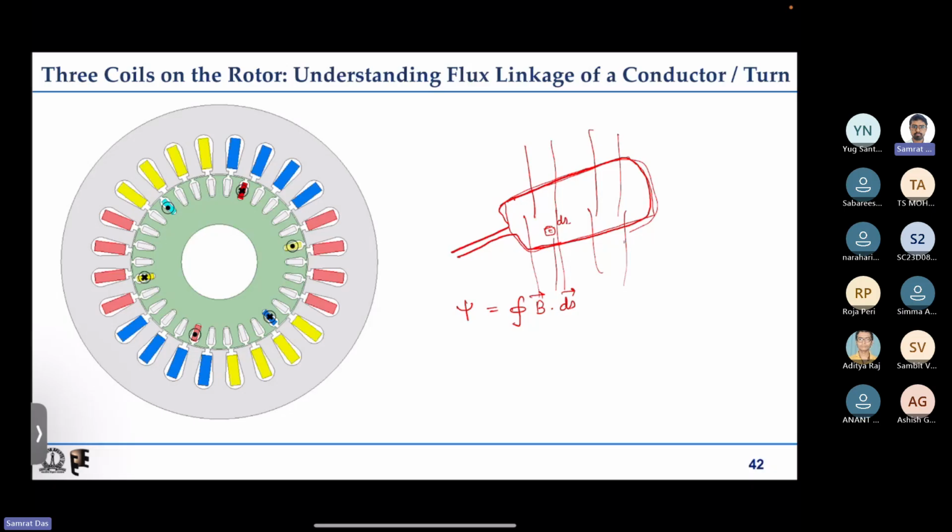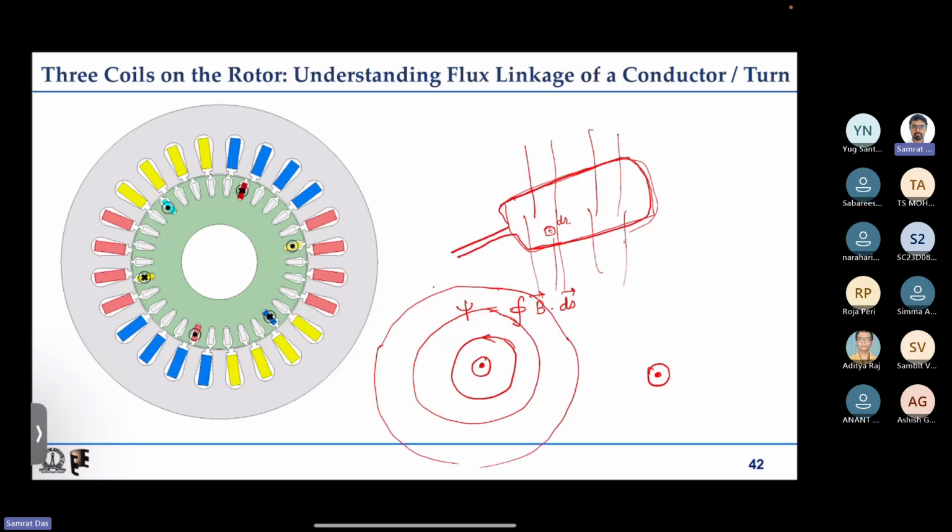Now for a conductor, I'll just draw it like this. Suppose we have a conductor, say a dot, and there is some field created because of this, I am drawing some field line.